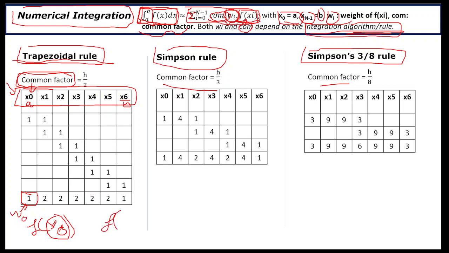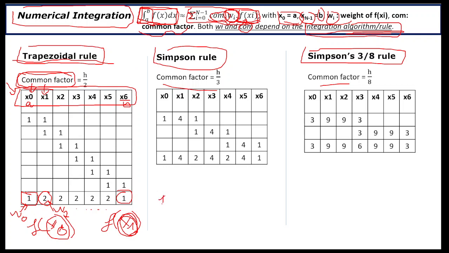For the value of f(x1), what is the weight? Again, we look at which x we compute the function value. So at x1, we look at the column x1 and we find, okay, 2 will be our value for weight w1, and so on for the last one.